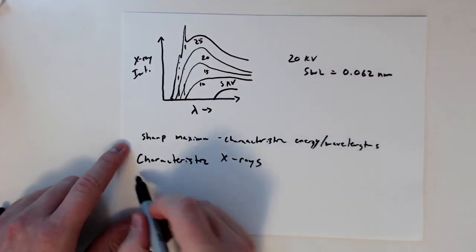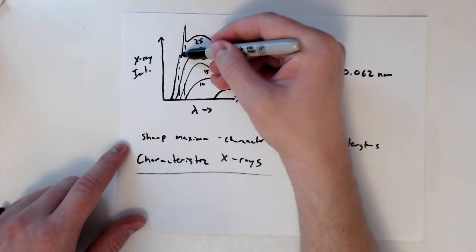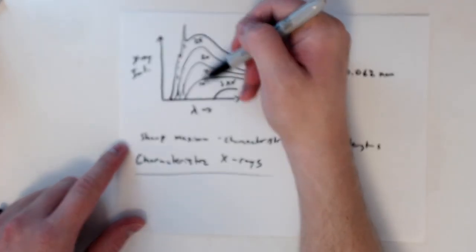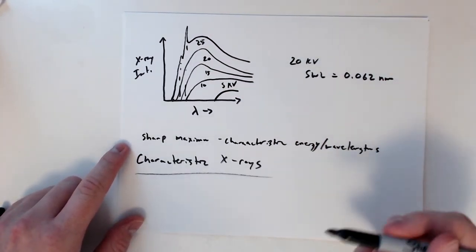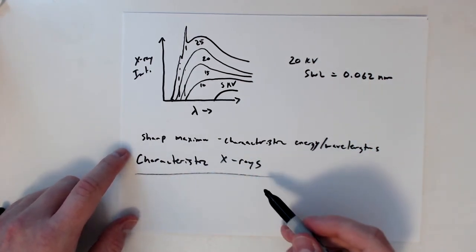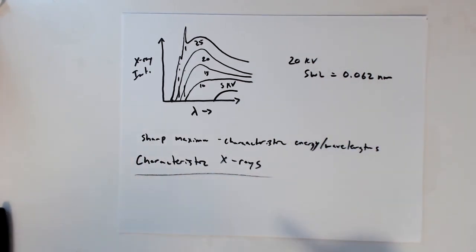So that's what we're going to talk about next, is these very specific peaks on this more continuous curve, because these characteristic X-rays are going to be of use for us in diffraction studies.